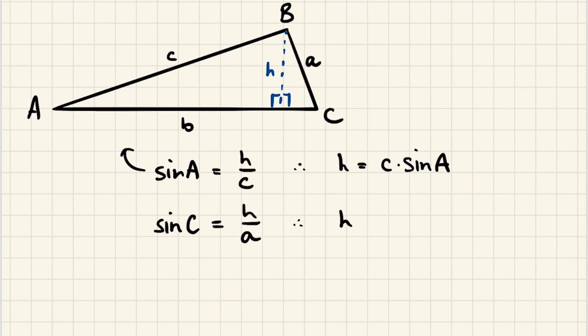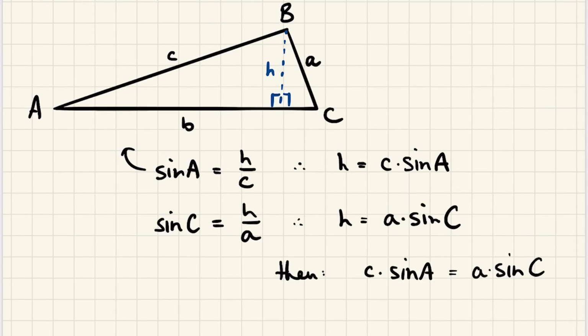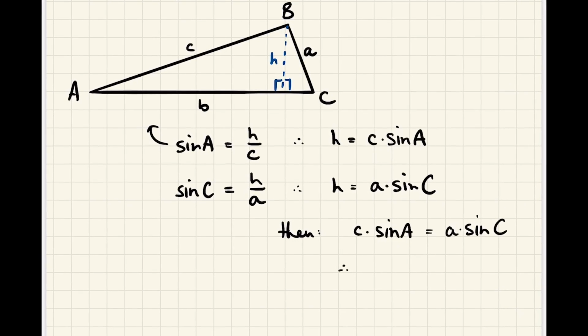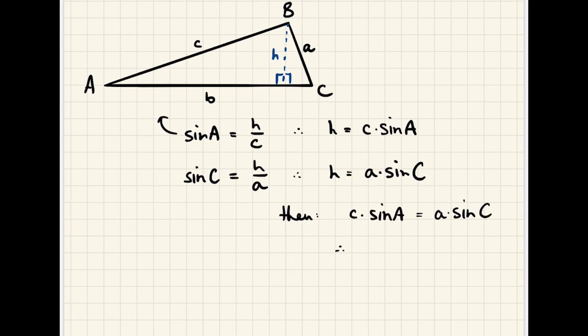And therefore, solving for little h, we get that little h is equal to a times sine of capital C. All right, well, both of these h's are equal to each other, which means we can equate their right-hand sides. So we can conclude that little c times sine of capital A is equal to little a times sine of capital C. All right, and in fact, by dividing both sides by AC, we can see that sine of capital A divided by little a is equal to sine of capital C divided by little c.